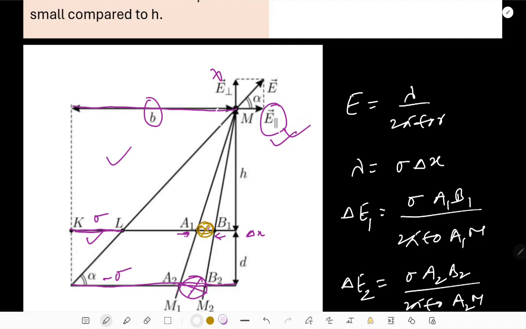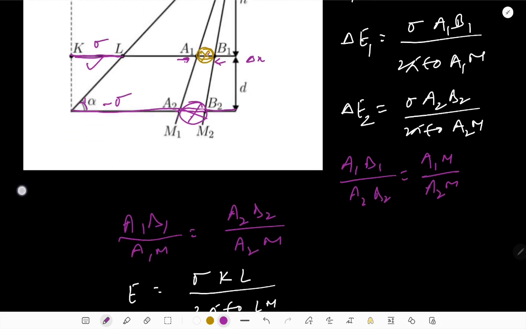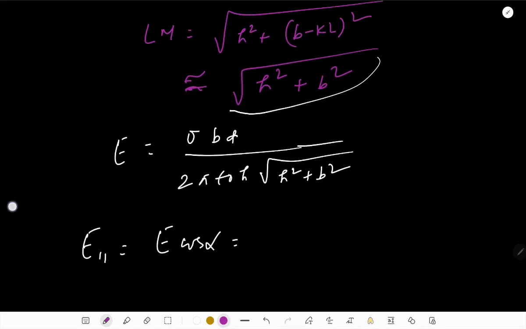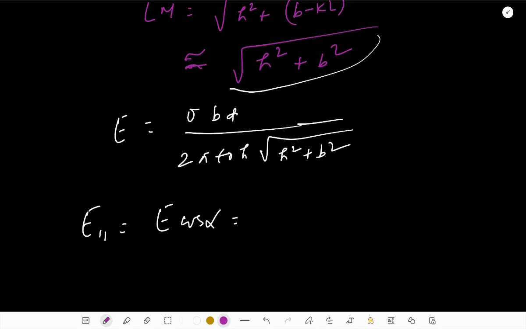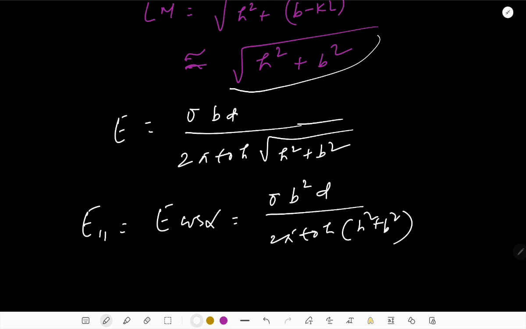This angle is alpha, so cos alpha equals base by hypotenuse, and E cos alpha can be simply written as sigma B square D by 2 pi epsilon naught H square plus B square.